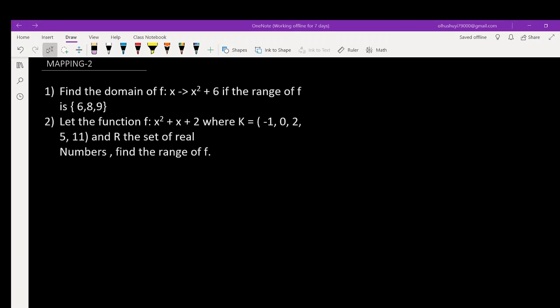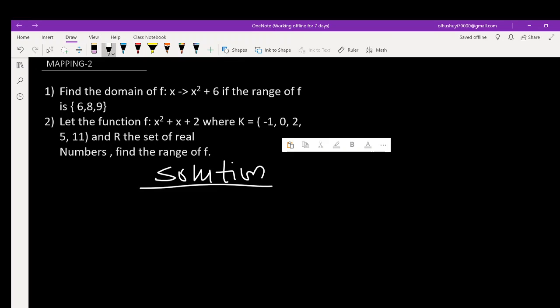Let's consider these examples. One, the question says find the domain of f of x, a function such that f of x is x squared plus 6, if the range of f is 6, 8, 9.